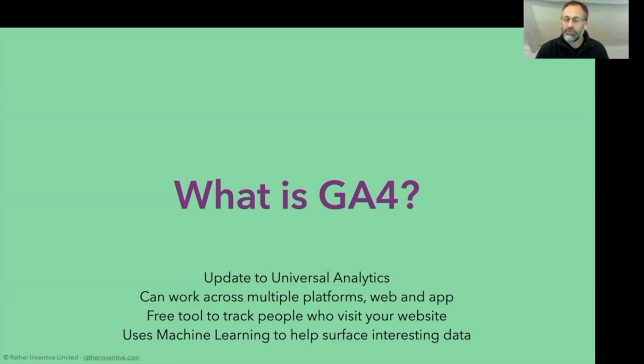One of the benefits with GA4 as well is it uses what they call machine learning to help surface interesting data. I will just touch on that a little bit in this presentation. It might be something that we can dive into a bit more next time, or certainly if you want to see how that works. Essentially, these are called insights, and they're presented throughout the interface.